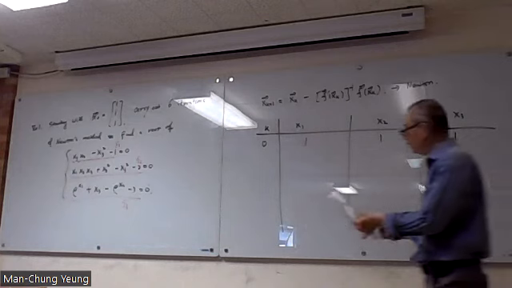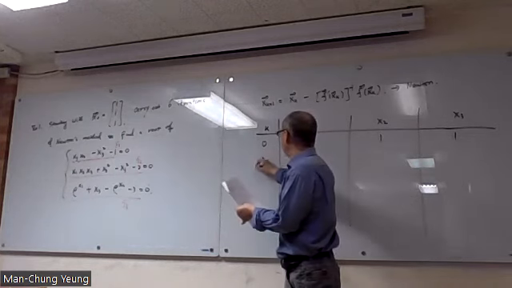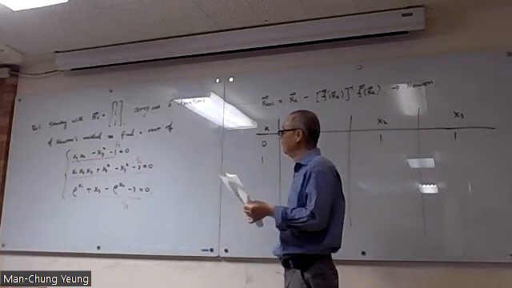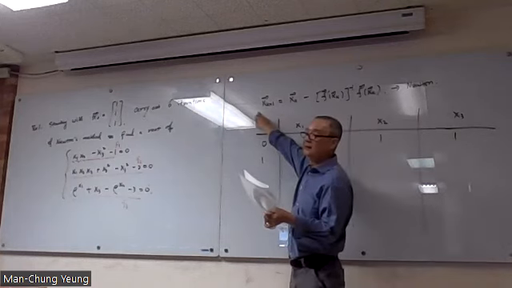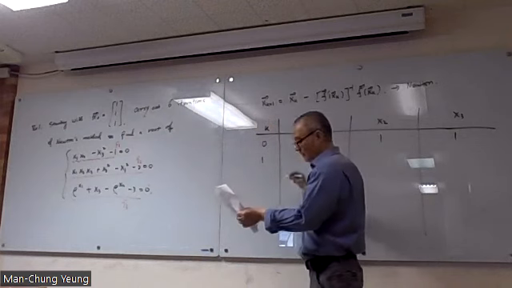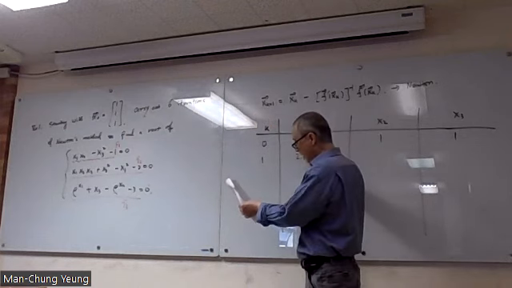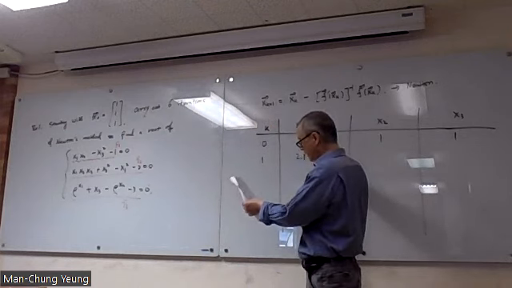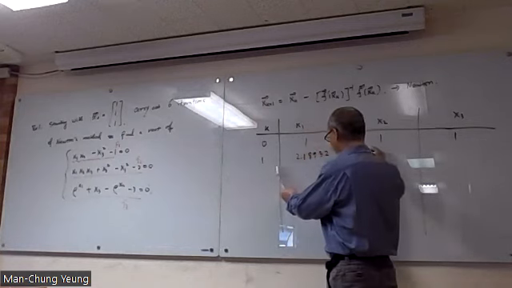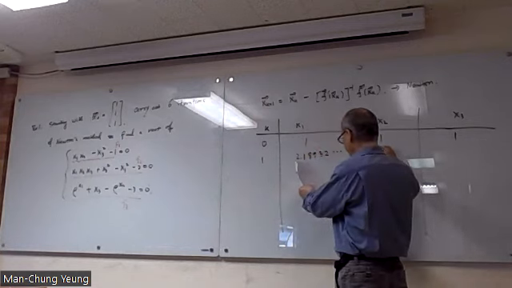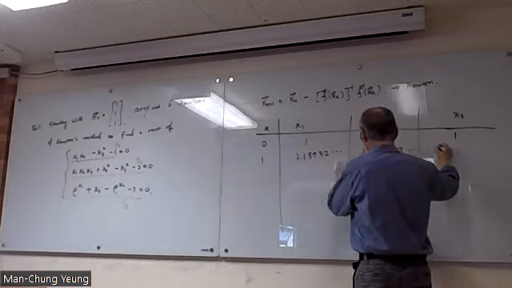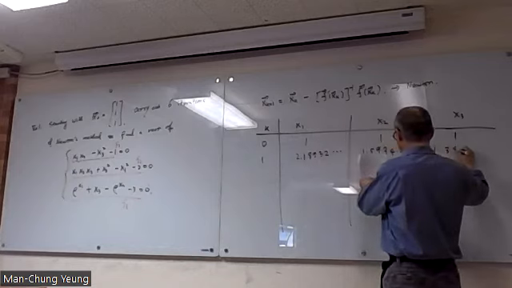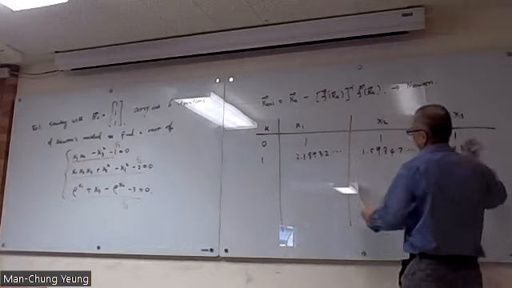Then we get 2.1892 and 1.594 and so on, 1.3939.